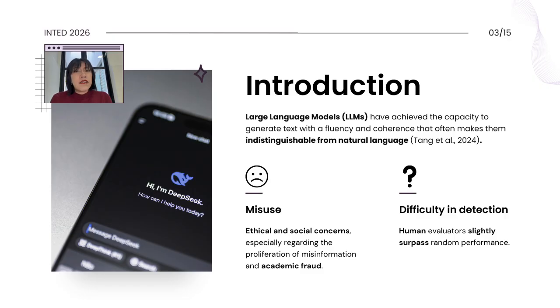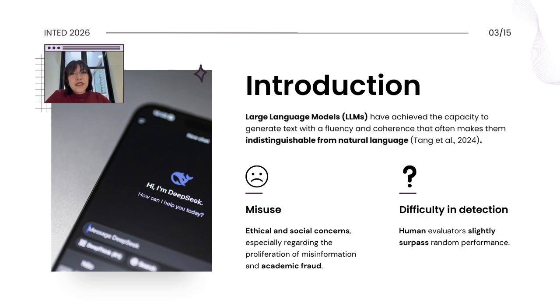As we know, large language models have evolved drastically. Models such as DeepSeek, ChatGPT, or Claude have achieved a level of fluency and coherence that often makes them indistinguishable from human writing. While this is technologically impressive, it raises ethical concerns.